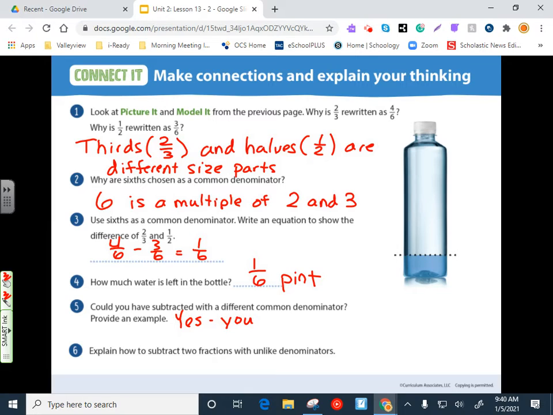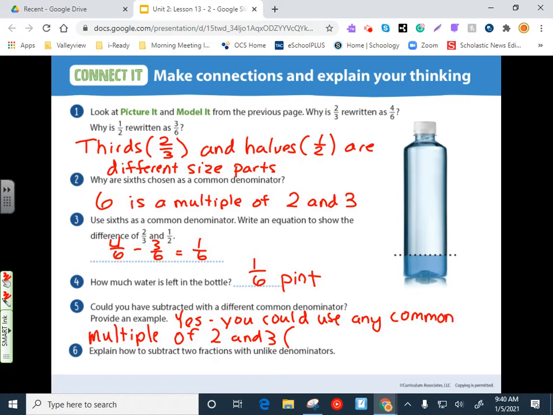You could use any common multiple, excuse me, that should be a common multiple of 2 and 3.